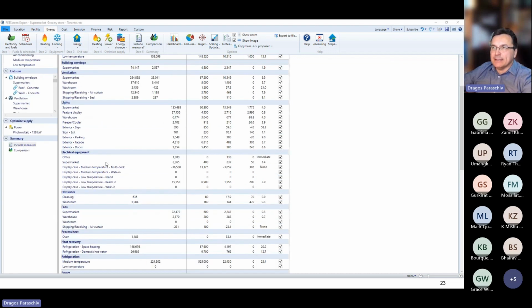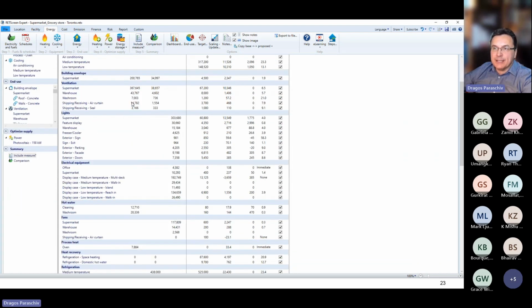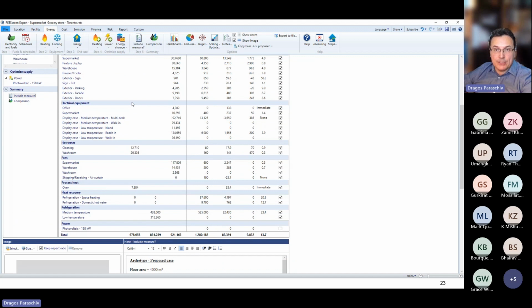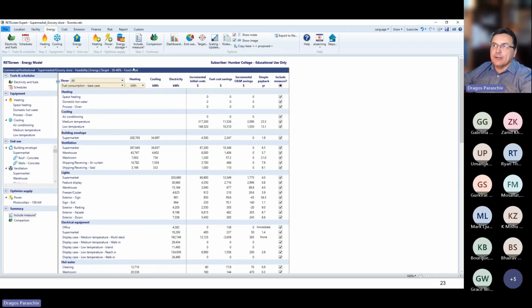So if I look at what we show here, we can identify the base fuel consumption for the base case. This is using the existing systems. It's based on an energy audit, based on looking at the drawings, and this energy consumption can be compared with bills.